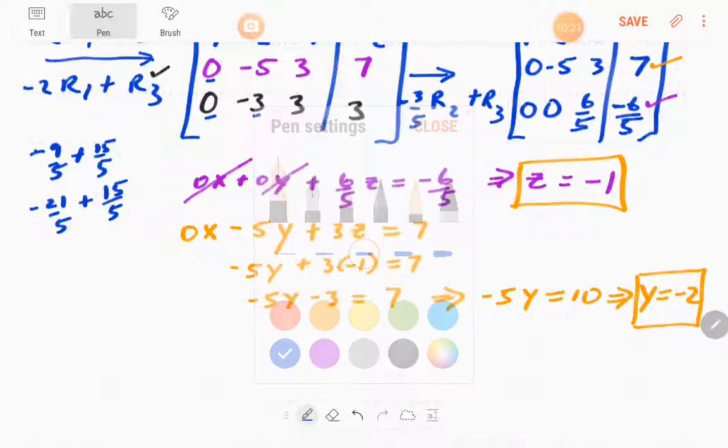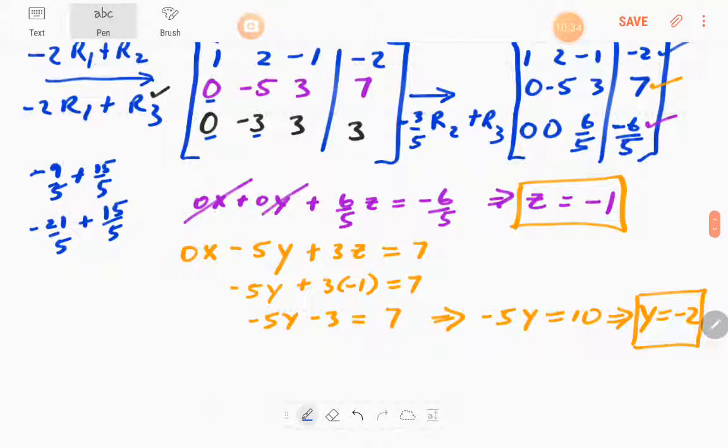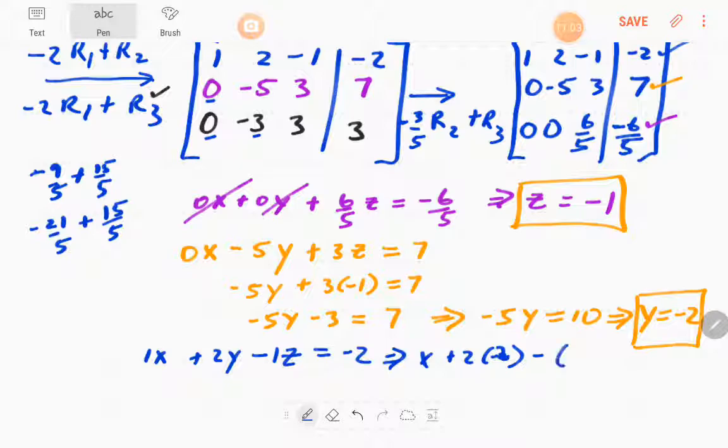So finally, we could go back to the first row. Okay, so the first row says 1x plus 2y minus 1z is equal to minus 2. But we know that y is equal to negative 2 and z is equal to minus 1.